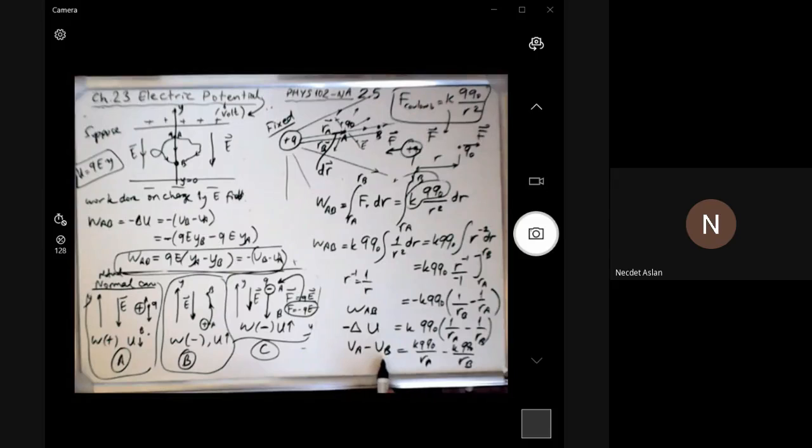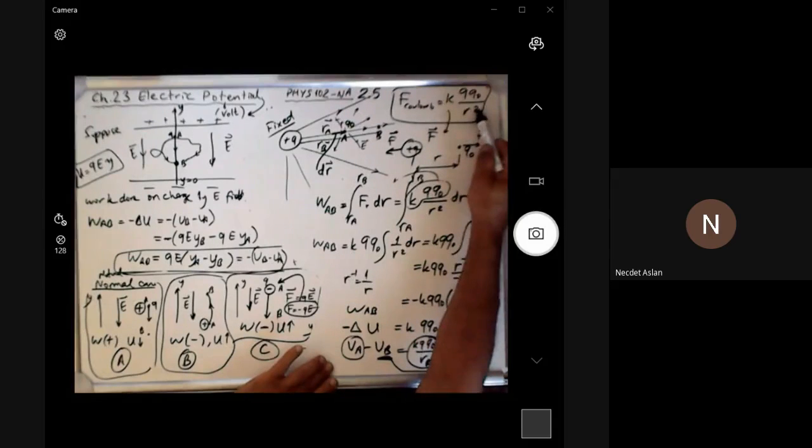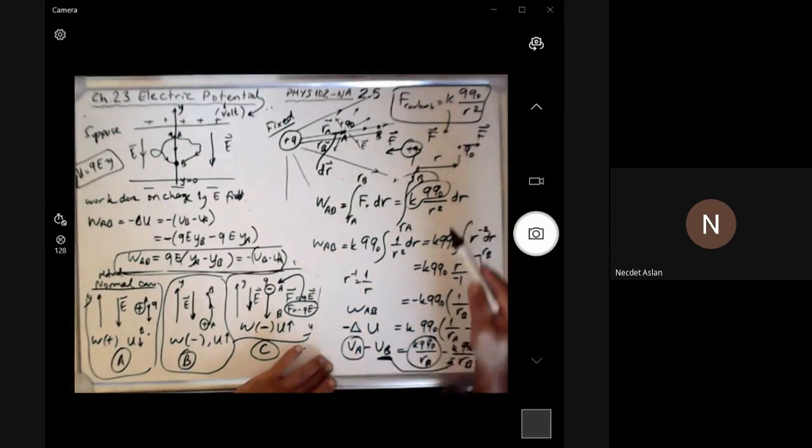We have the difference on the left, and we also have the difference on the right. So this must be equal to this, and this must be equal to that. Very simple. So this shows us that the potential energy is K Q Q0 over R, just like Coulomb force, except instead of the square on the denominator, we have just R.